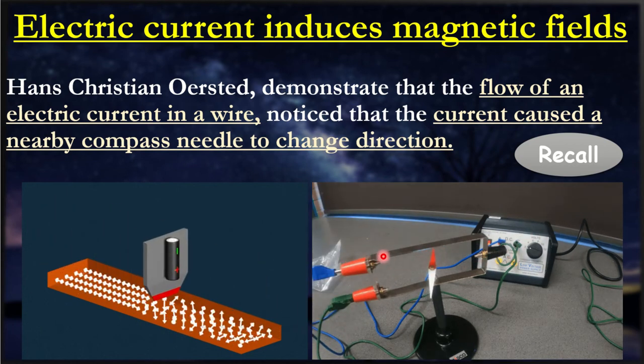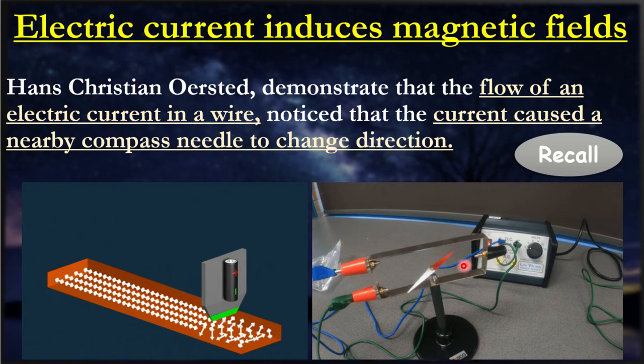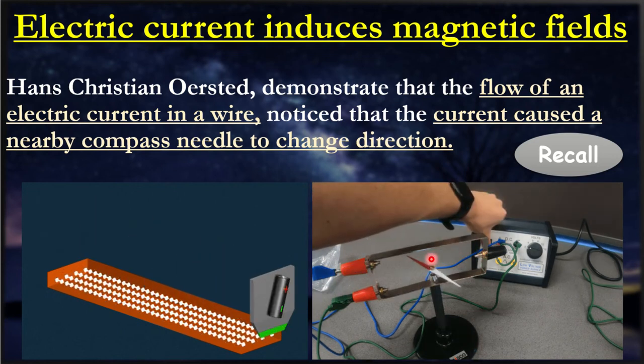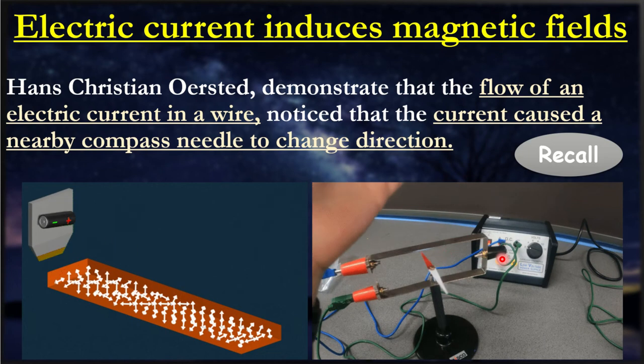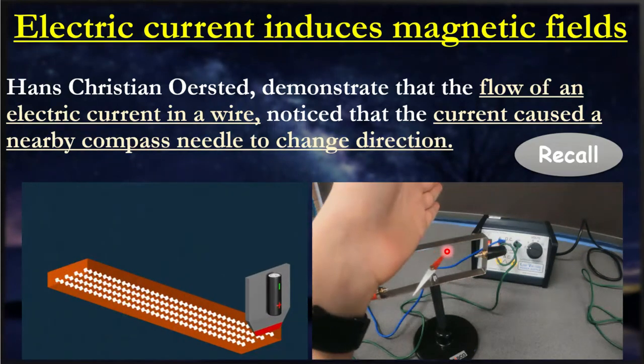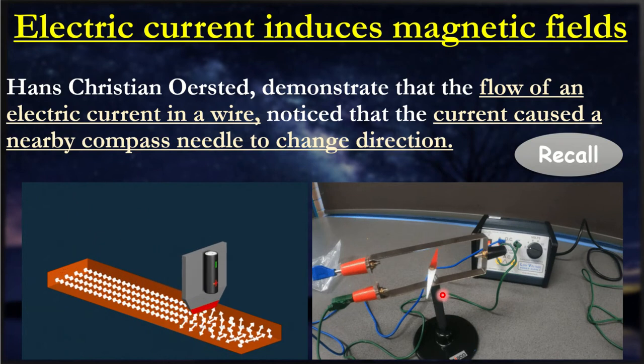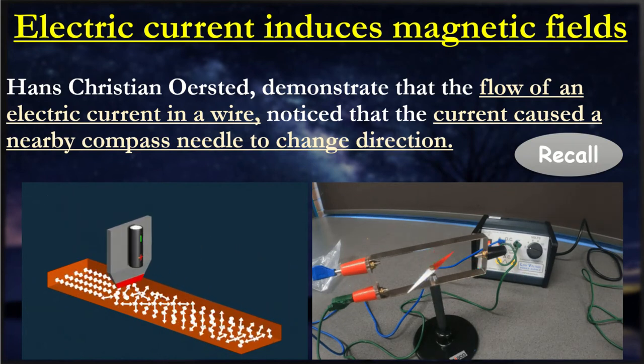You can also see that when I turn on the circuit, the needle would point in a specific direction. So it's wobbling now. Once I turn it on, it stays in this one direction, pointing that way there, as you can see now.